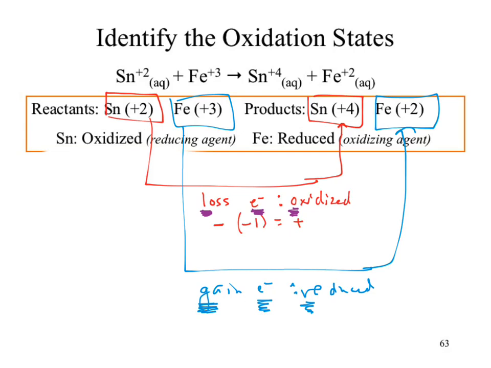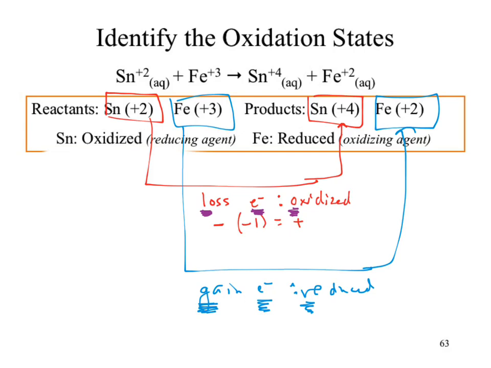So when we look at a reducing agent, it causes something to be reduced. So if I'm a reducing agent, I cause you to be reduced. So what does that mean happens to you? You have to gain electrons. Those electrons have to come from somewhere, though.